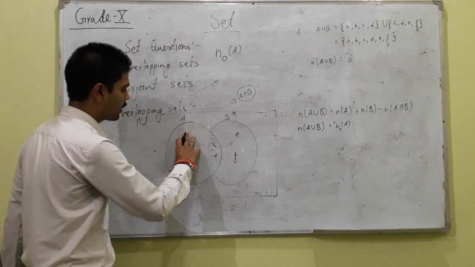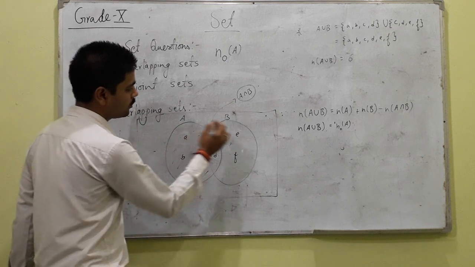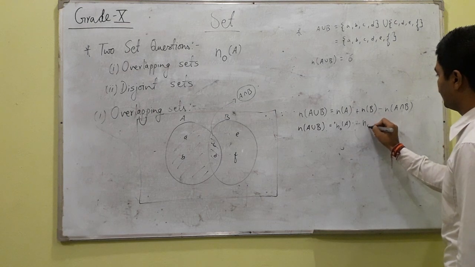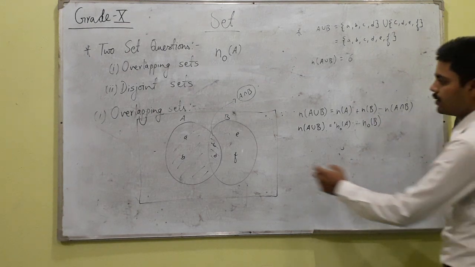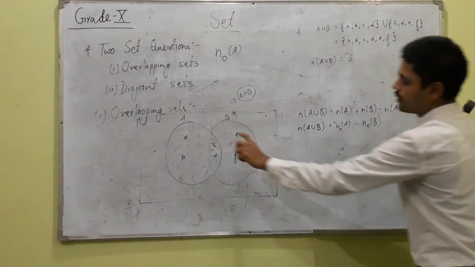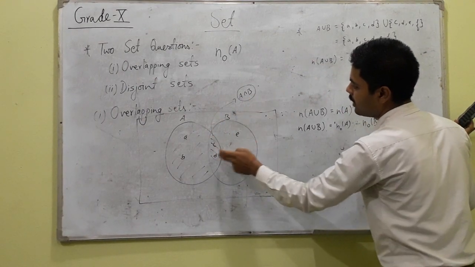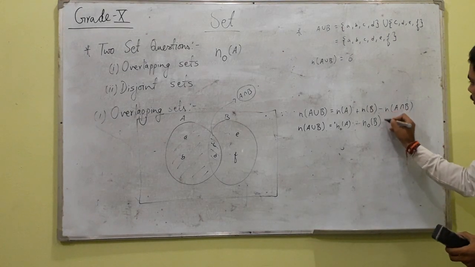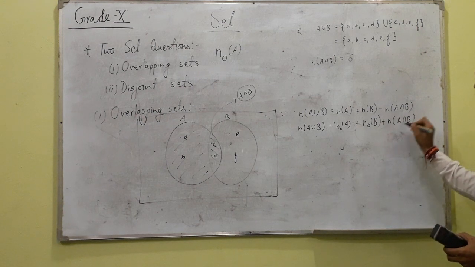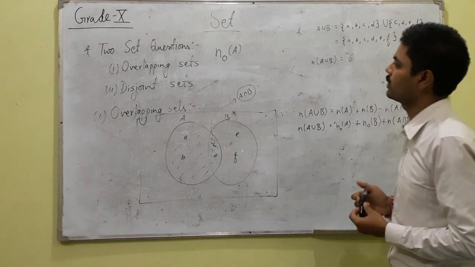These are the elements which are completely part of A. They don't belong to B. And plus n only B. When you separately count the number of elements of only A and only B, the number of elements of A intersection B will not be counted. So rather than subtracting, we have to add now, that is n A intersection B. In this way, we get two formulas that can be used in solving set questions.